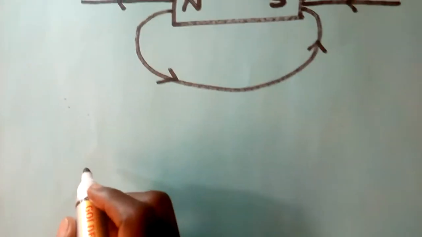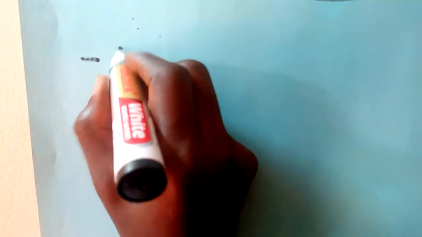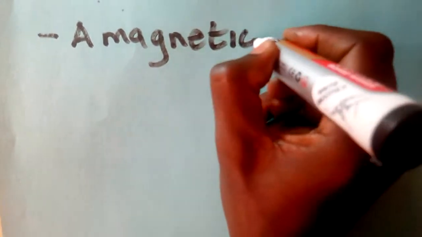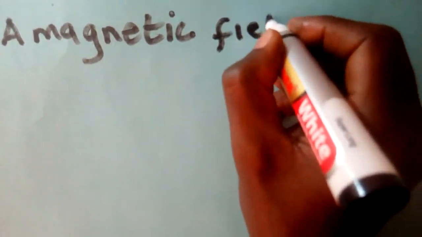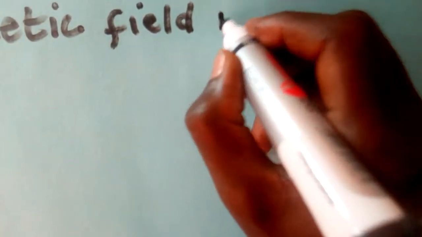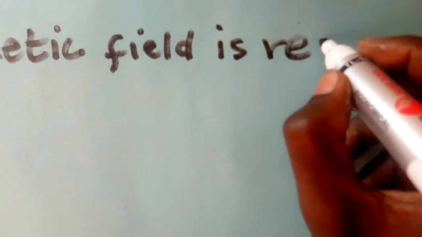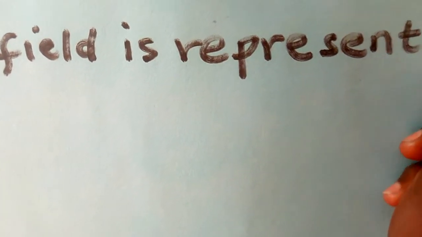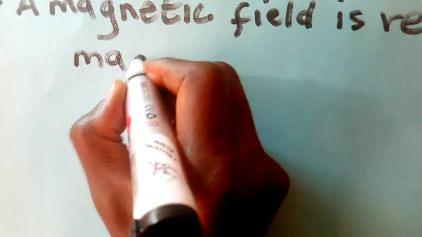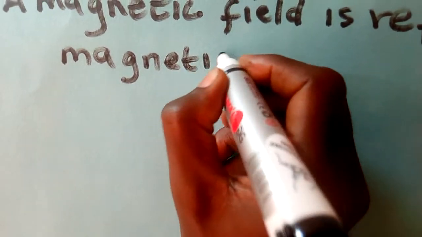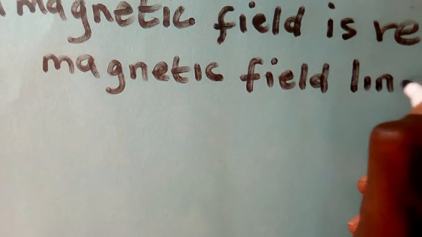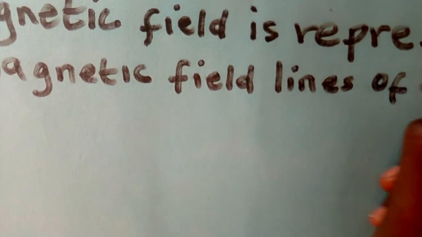So we shall now say here that a magnetic field is represented by magnetic field lines of force.